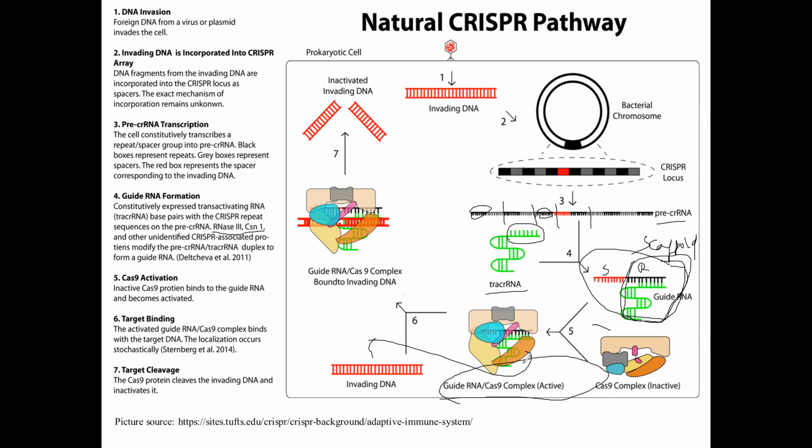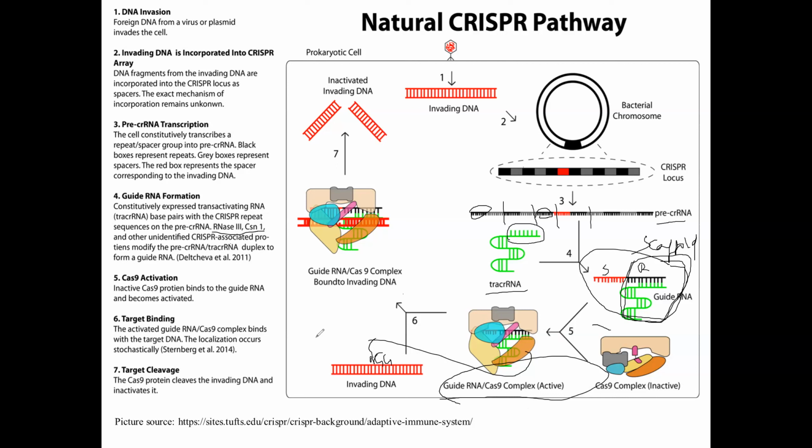For example, if it's SpCas9, Streptococcus pyogenes Cas9, it will identify NGG sequences within the invading DNA. This NGG sequence can be at multiple places. It will bind to those places and cause local denaturation, so that the spacer sequence of your guide RNA will be able to anneal with one of the strands of the DNA.